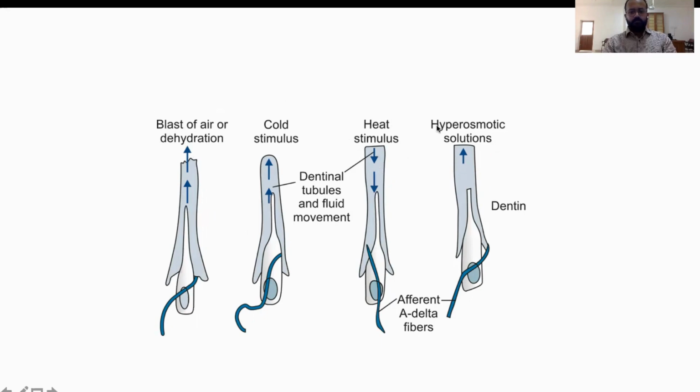And a hyperosmotic solution, like your salt or sugar solution, will also cause expansion and contraction and outward flow of the dentinal fluids. So these responses are then carried by afferent A-delta fibers onto the brain.